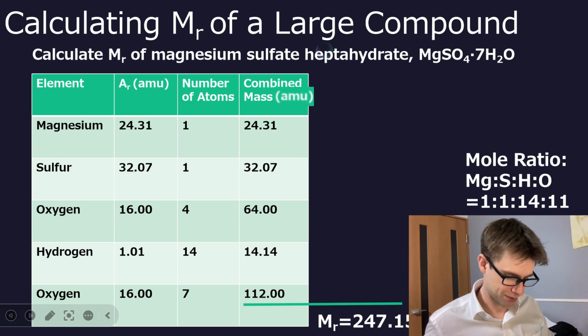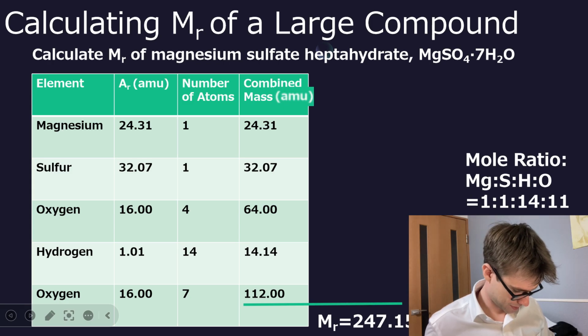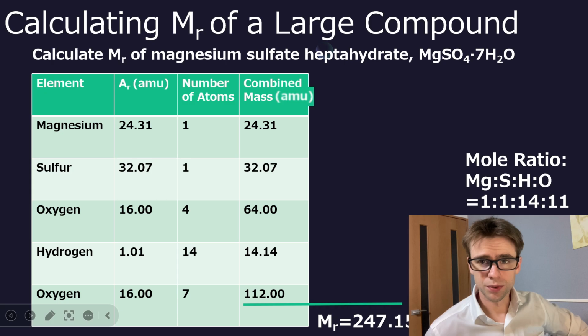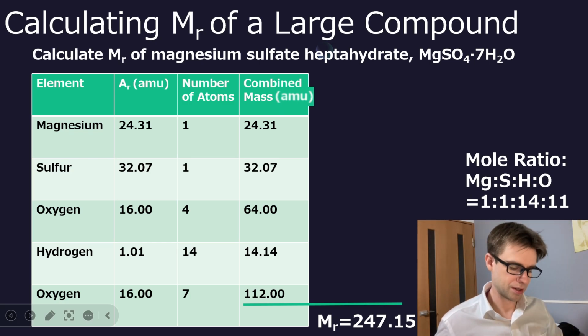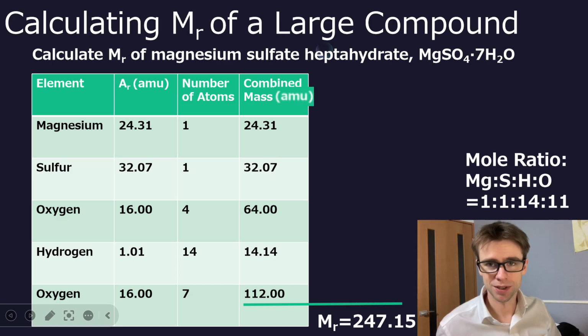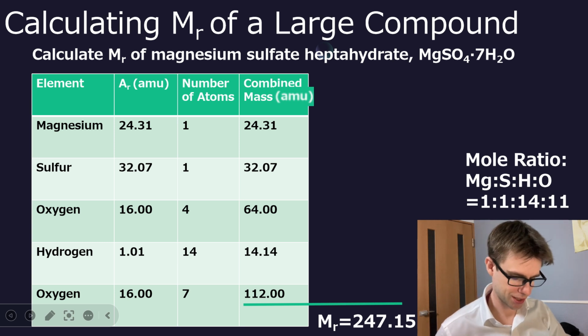Then oxygen, we have 7 from 7H2O in the second half. That's 112 atomic mass units. When you add all those together, you'll get Mr is 247.15. So that's the relative molecular weight or molecular mass. Weight and mass we can use interchangeably, but that's the relative molecular weight of magnesium sulfate heptahydrate.